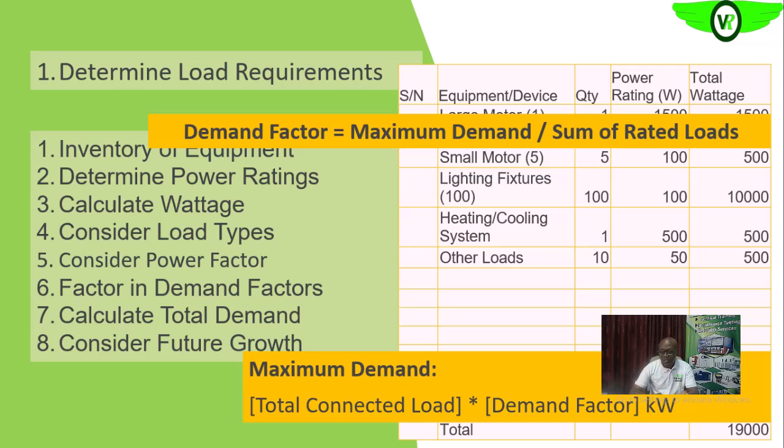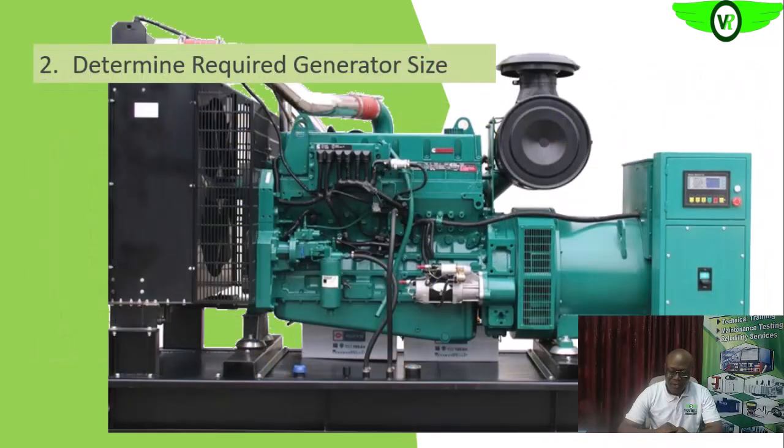So you now work out 20% of that 19,000 and add it to 19,000 to accommodate that future growth. Remember that your demand factor, you have considered it, but that's important so that you do not oversize your power generator.